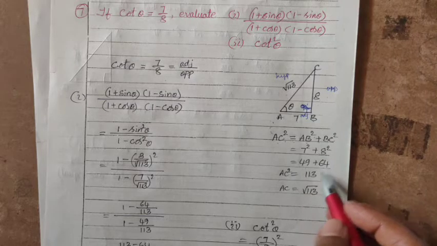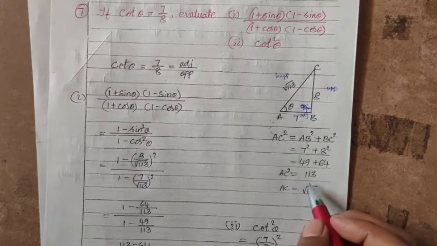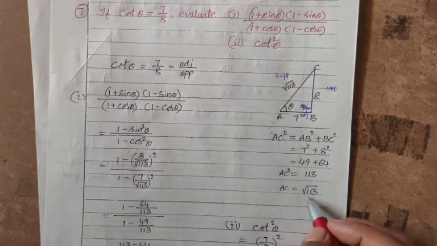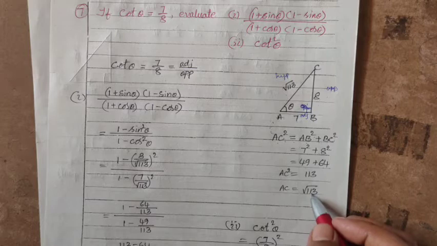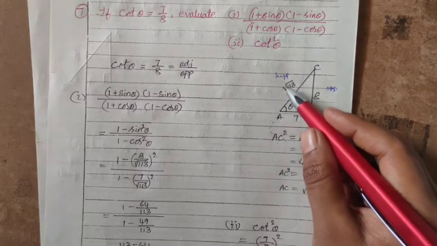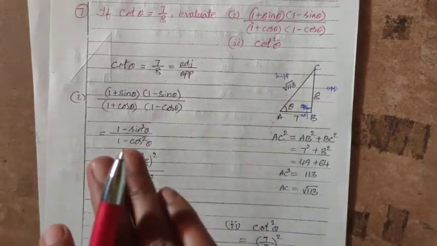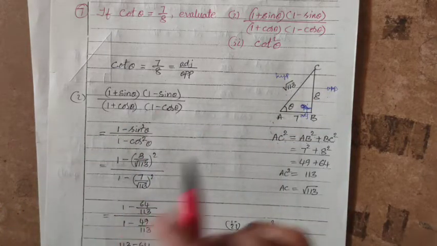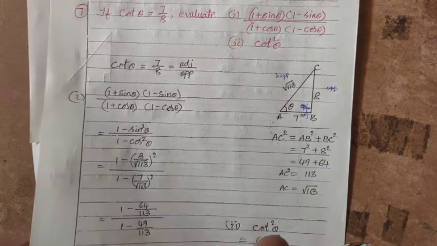Adding these two, we get 113. So AC square is 113, and AC is root 113. 113 is not a perfect square, so we can't get a whole number for this square root.